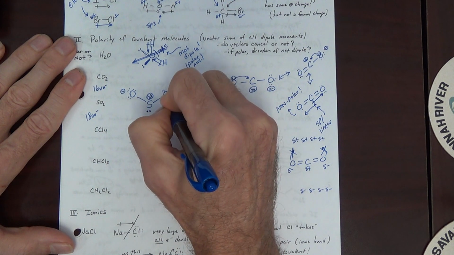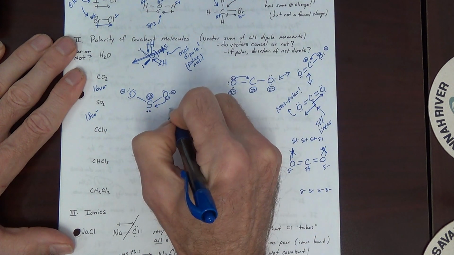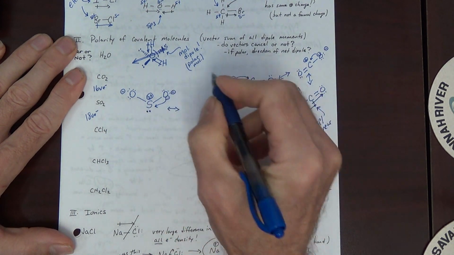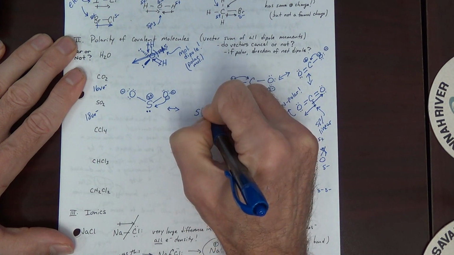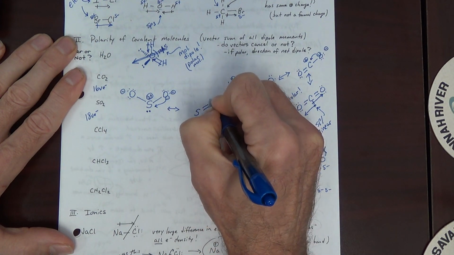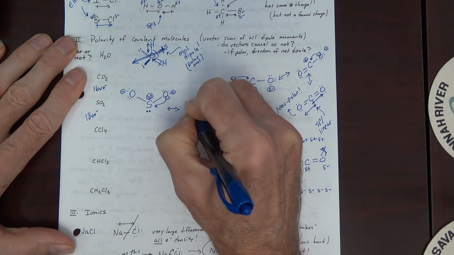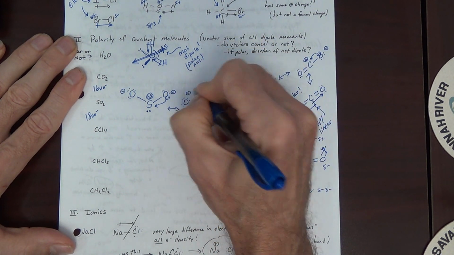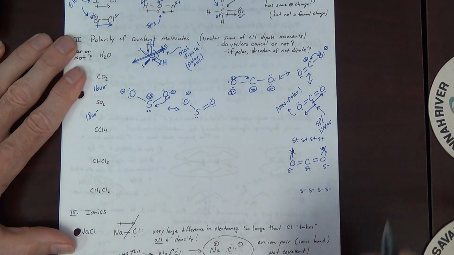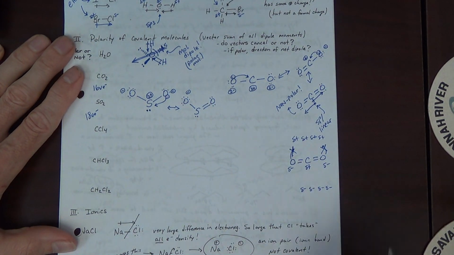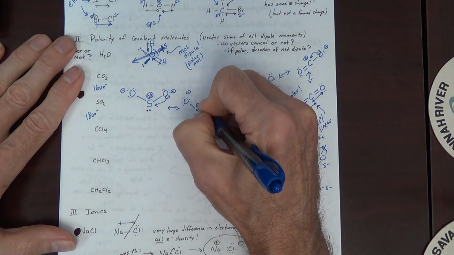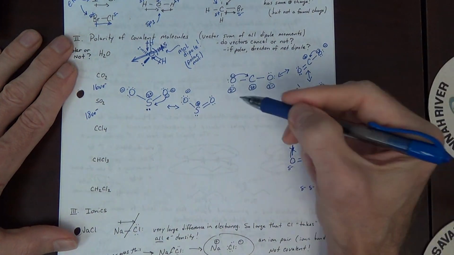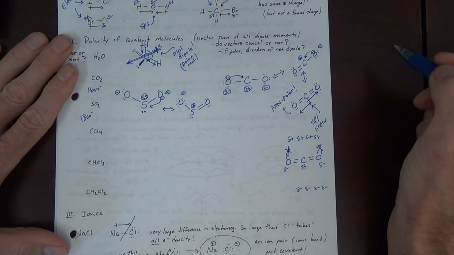Let's ask one of these oxygens to share. And let's get a resonance structure that looks like this here. Now the sulfur is positive, that oxygen is negative, the other oxygen is neutral.